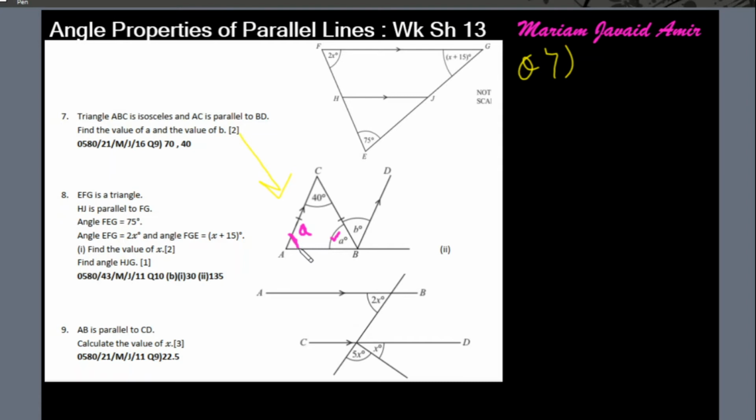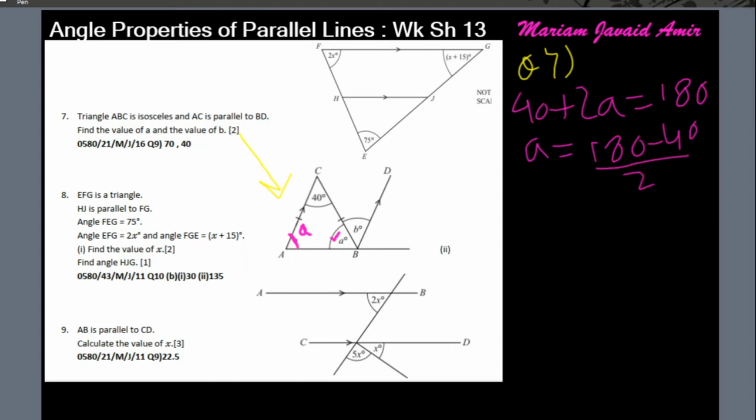So let's find the value of A first. 40 plus 2A equals 180, because the sum of all angles in a triangle equals 180. From 180 we'll subtract 40 and then divide by 2. So we get 140 divided by 2, which is 70.